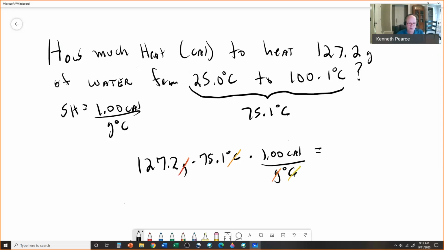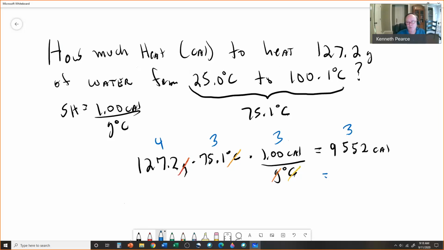And so we say 127.2 times 75.1, and that gives me a pretty large number, but it's a lot of water, and that is 9,552 calories. And of course we need to do sig figs, and so this is 4, 3, and 3, and so we should have 3.